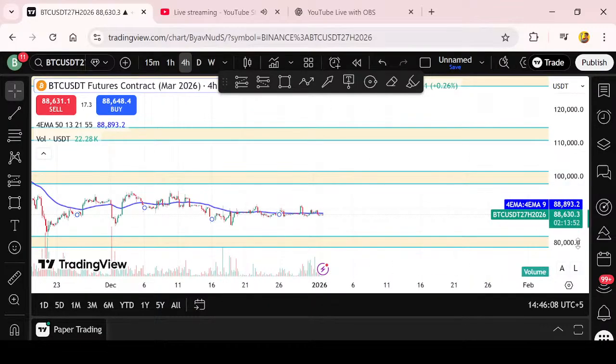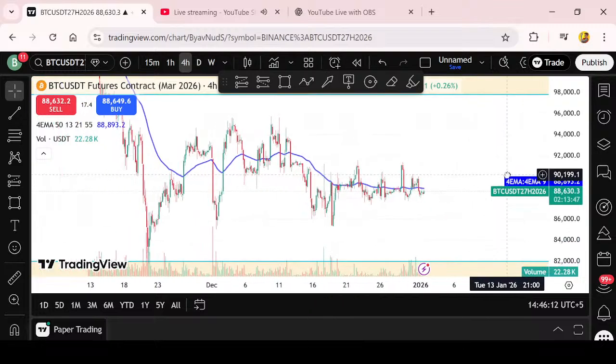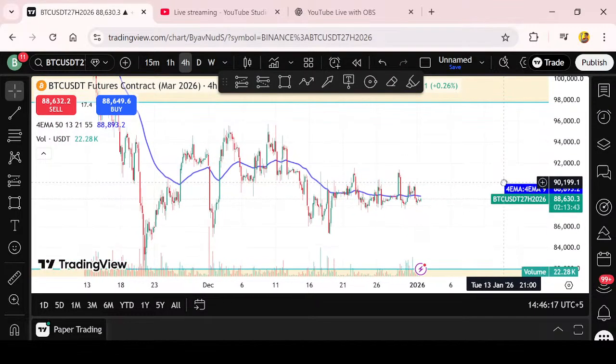Let's see what is happening on the 4 hour here. Yeah, we can mark the levels.